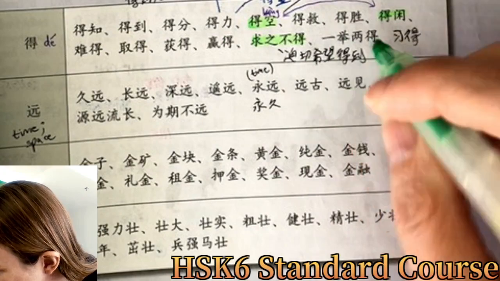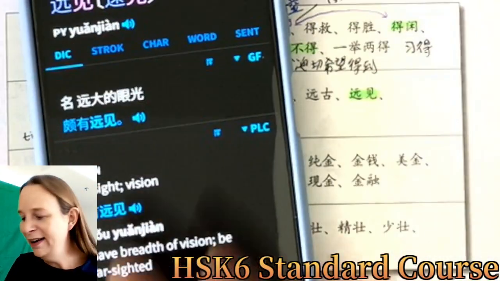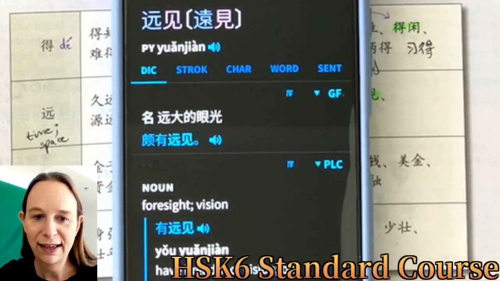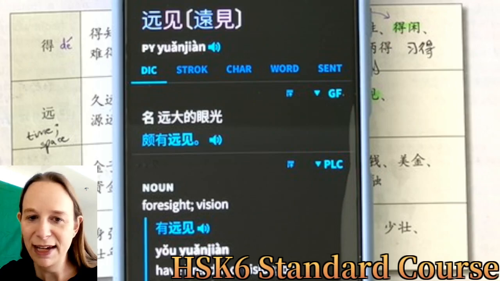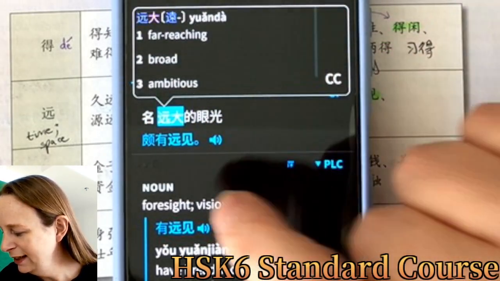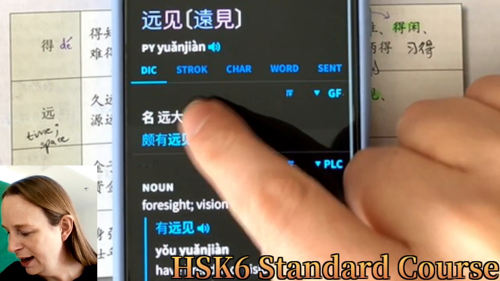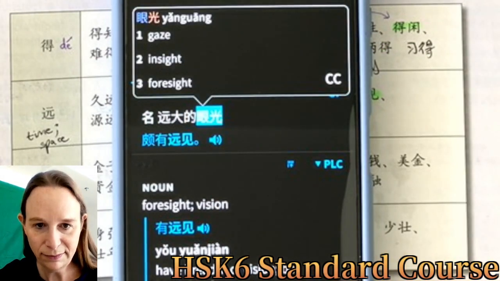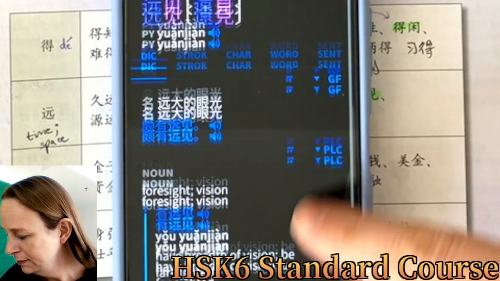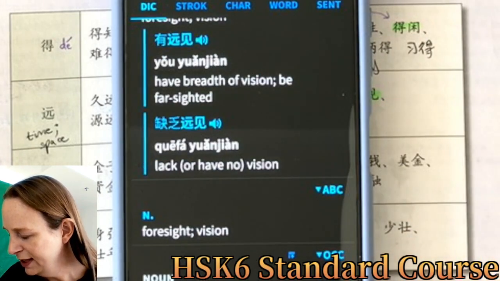This is a green one. I do not know this word, and I can't immediately guess it from its characters. 远大的阳光, 远大 is just big, right? Far-reaching, ambitious, promising, 阳光. Ah, okay, so this is not related to your eyes, but your foresight. 有远见, 缺乏远见.